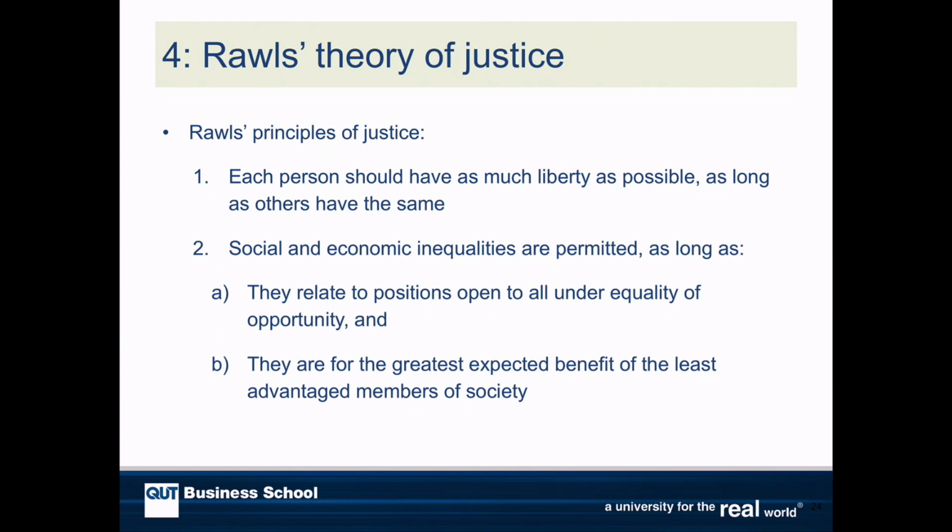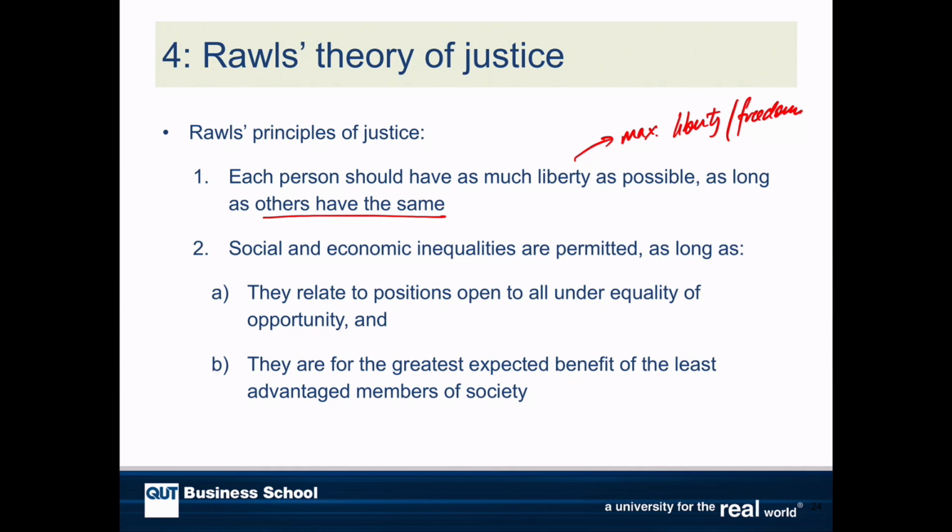So the two key principles of justice are we should maximize each individual's liberty or freedom as much as possible. So we really should try not to constrain people, and everyone should have that same level of freedom. Okay, so no one's going to get extra freedoms. We're going to have this equality of freedom in the system, and we should try and maximize that.